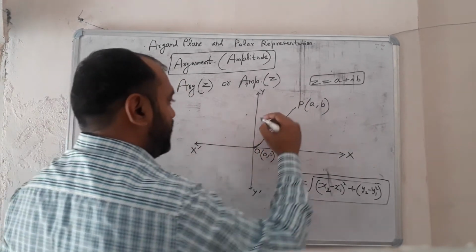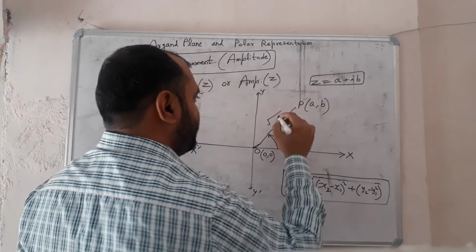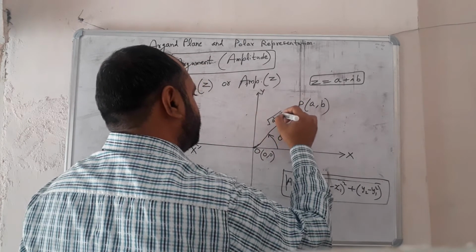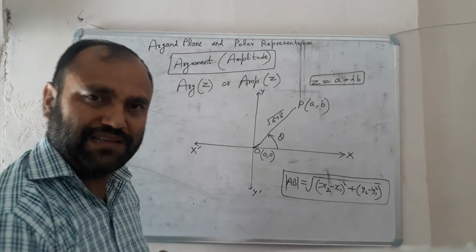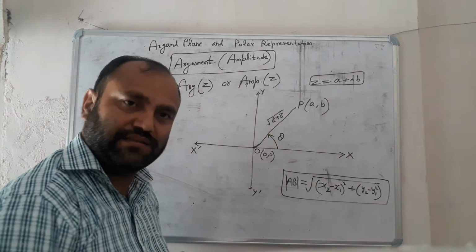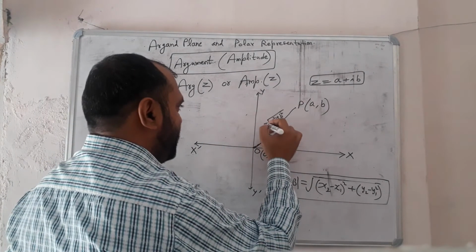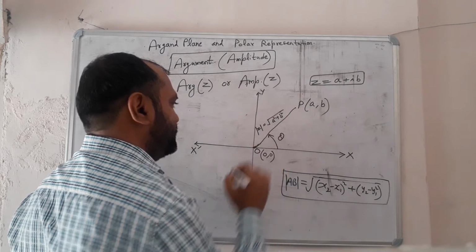When we apply this formula, the distance between O and P is square root of a square plus b square. Now as you know this is modulus, so you can write this as modulus of z.